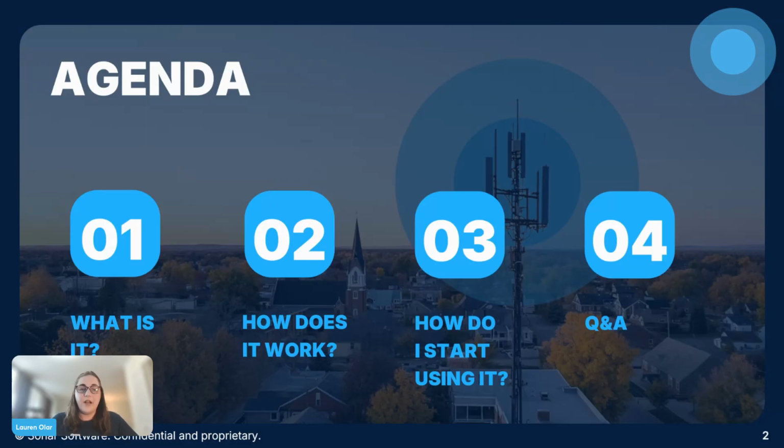Third section, how do you start using it? A really quick rundown of how you can start implementing custom links within your instance. Really could be right after this Lunch and Learn if you're so inclined. That's how simple they can be to set up, as you'll see later in this Lunch and Learn. And finally, after all that, we'll jump into a Q&A if any questions do come up throughout this Lunch and Learn.